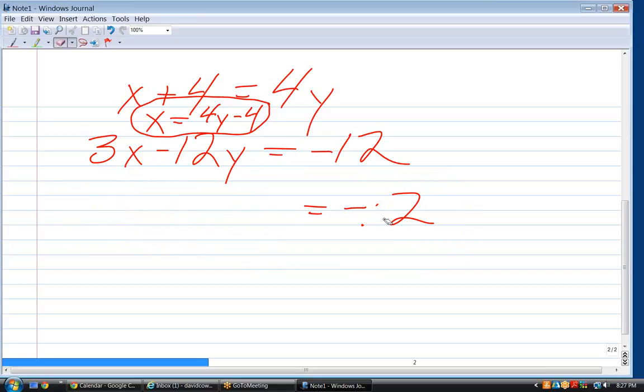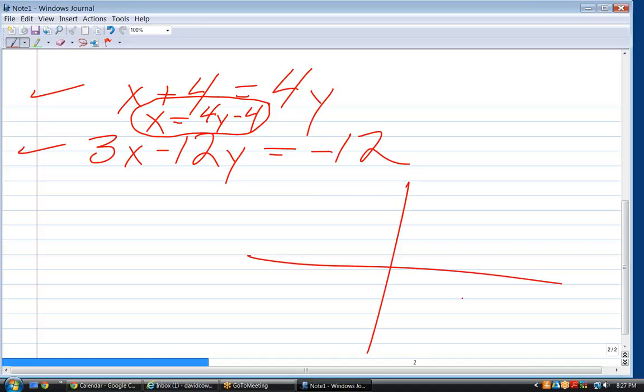They're asking whether to take the two different ones, x plus 4 equals 4y, and 3x minus 12y equals negative 12, and graph those and find the coordinate in which they intersect, but by using the substitution method. Well, that's solving it by graphing. In other words, both of these are straight lines, so I can graph it easy enough.